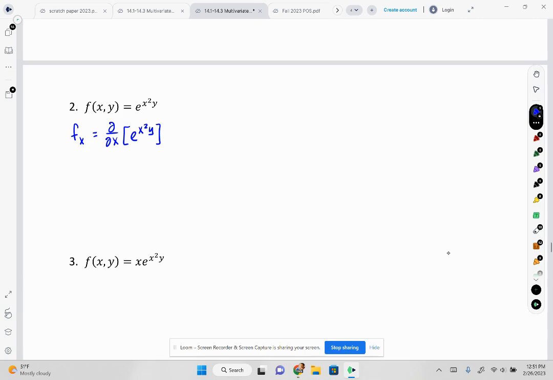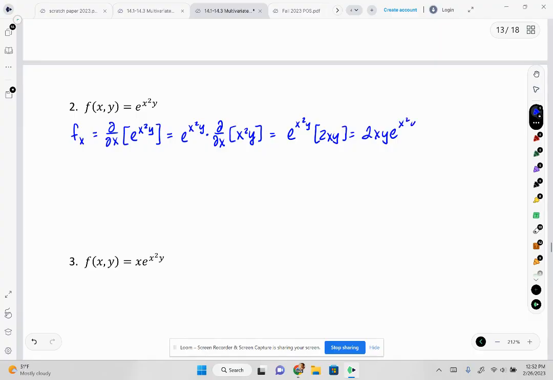So if I take del x of e to the x squared y, I get e to the x squared y times del x of x squared y. But the x squared is the only variable in here. Y is constant. So when I take the derivative of that inner piece, it's going to be 2xy. So I can rewrite this as e to the x squared y times 2xy, or 2xy e to the x squared y.